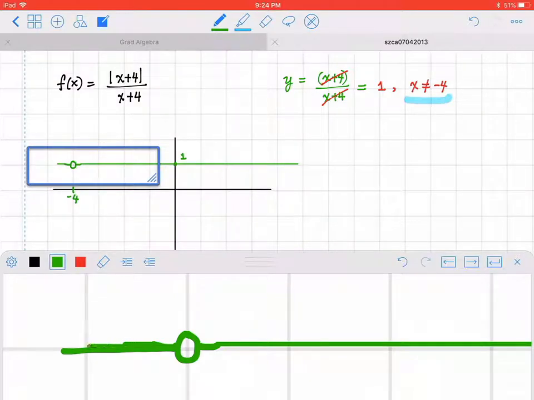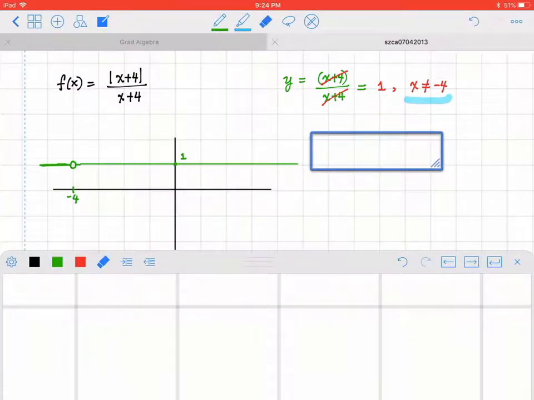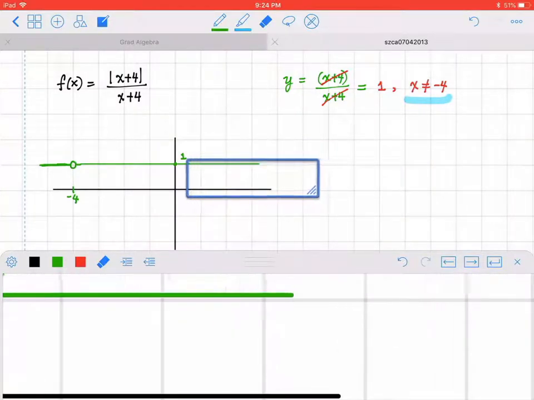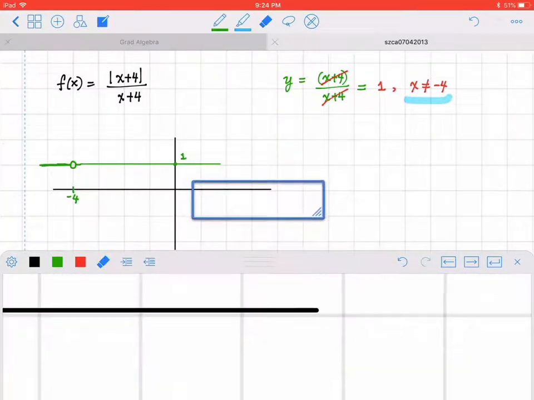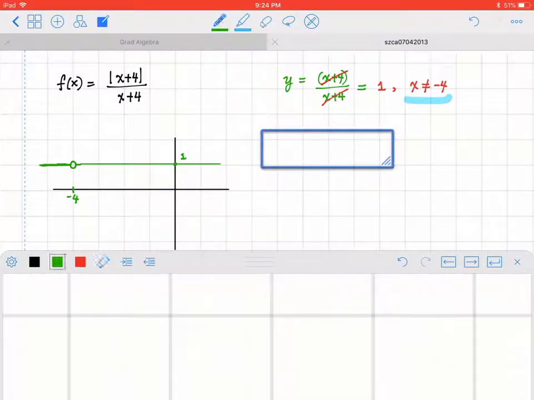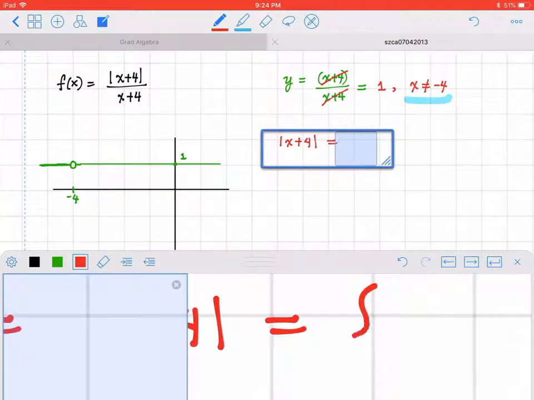I think it's best to look at it algebraically, and to remember what the absolute value actually is as a function. So I'm going to give myself some space here, and I'm going to rewrite here absolute value of x plus 4. What that is, it is going to have two possibilities.